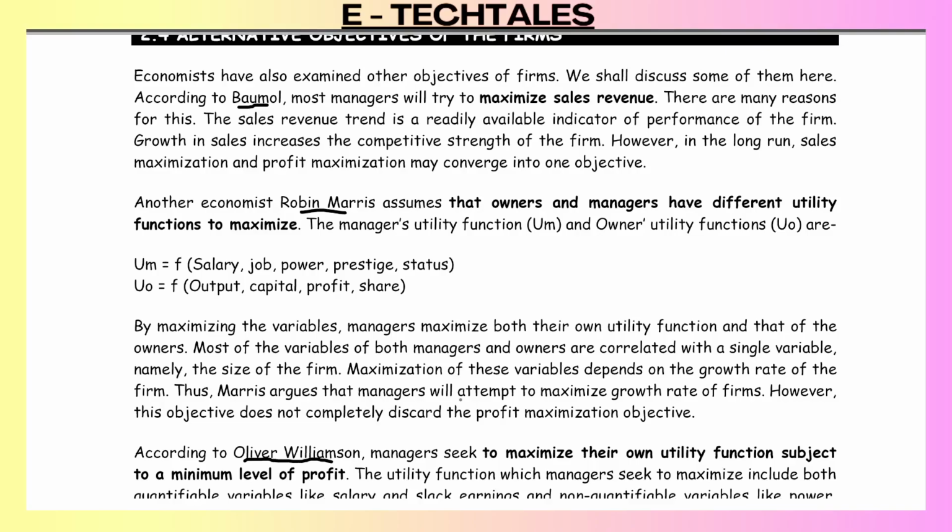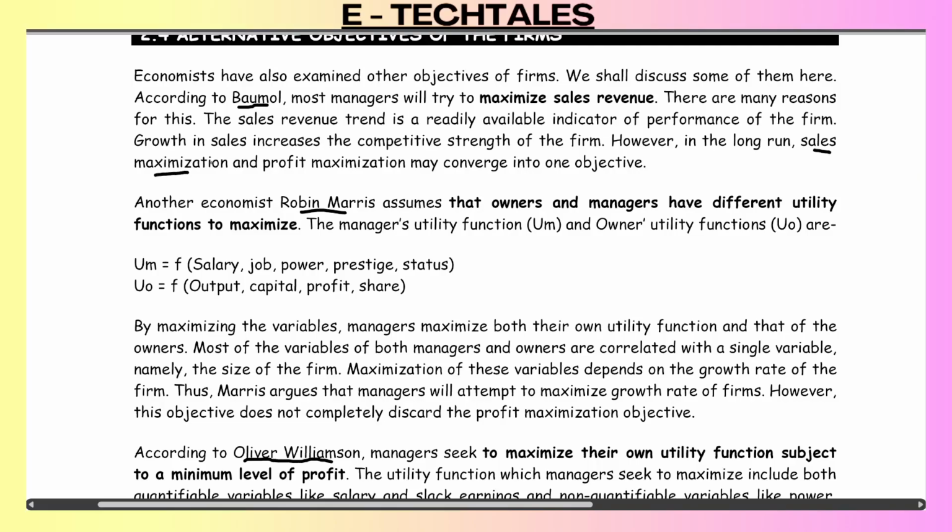So in the long run, sales maximization and profit maximization may converge into a single objective. Okay, sales maximization and profit maximization may converge into one objective.